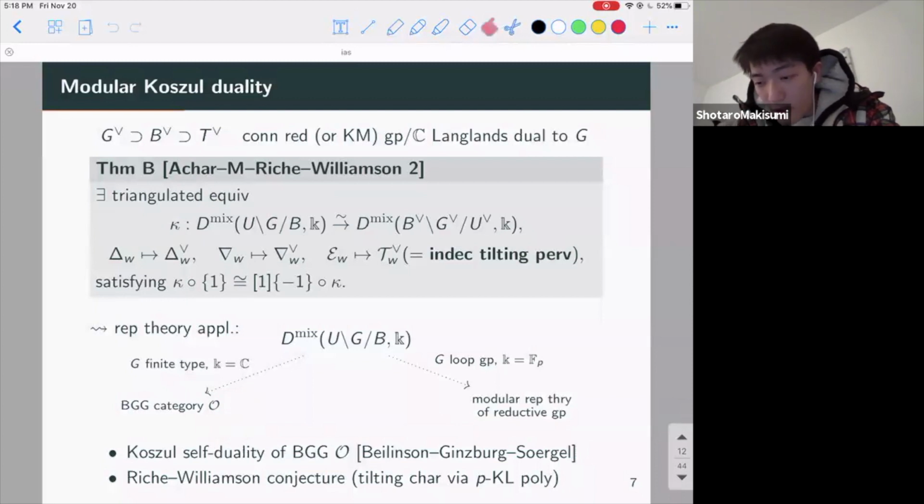And if you take G to be the loop group of some other reductive group and take positive characteristic coefficients, then this is related now to modular representation theory of reductive groups. And so this duality played a role in the proof of the Riche-Williamson conjecture on tilting characters using p-Kazhdan-Lusztig polynomials.